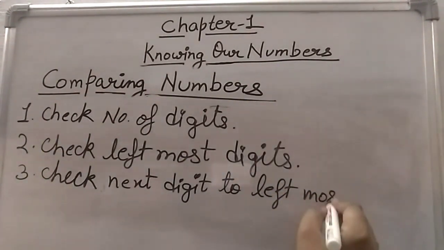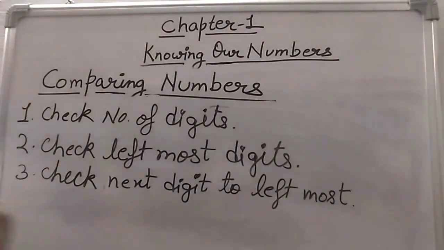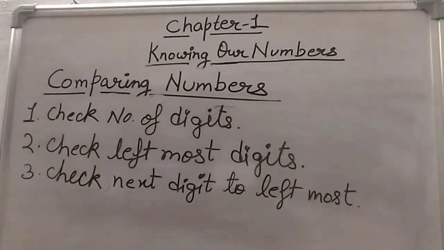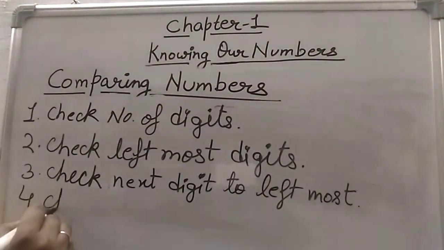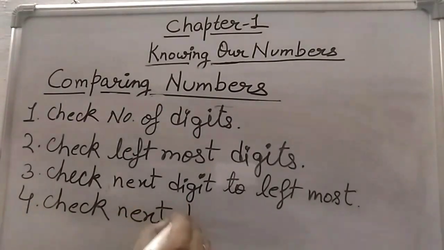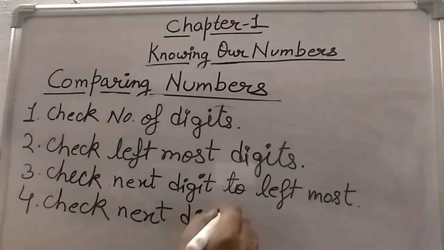Again, if this digit is also the same, then we will check the next digit. In this way, these steps will go on further until we find out which is the greater number and which is the smaller number.